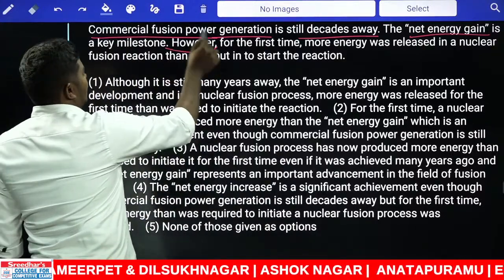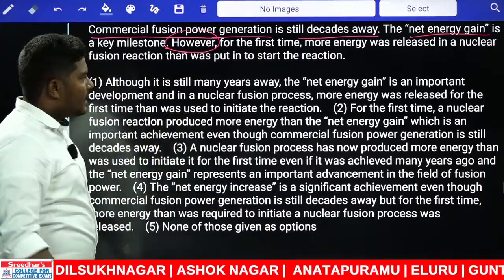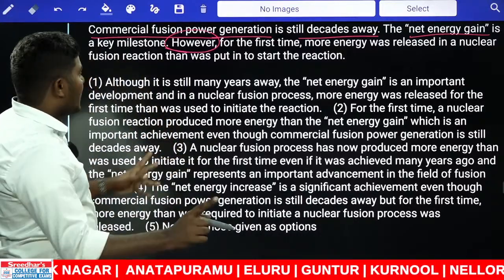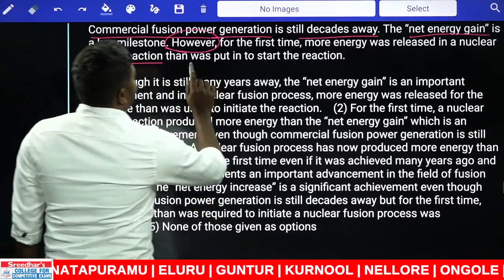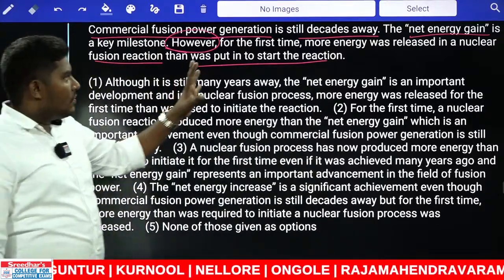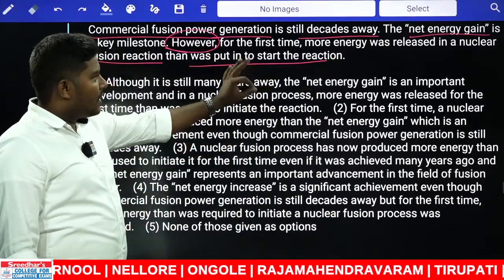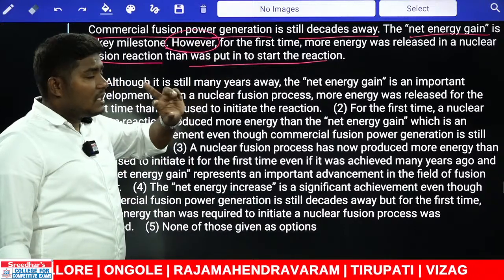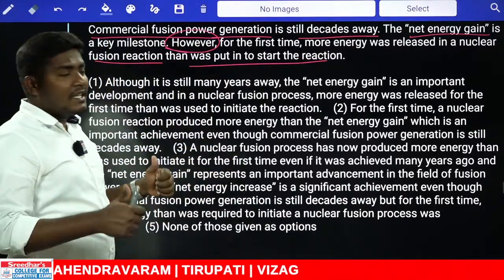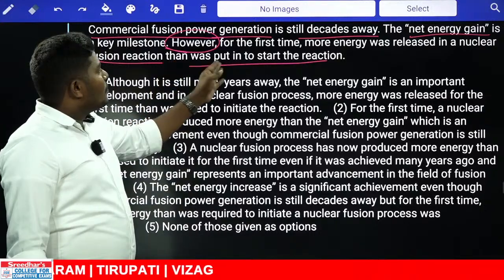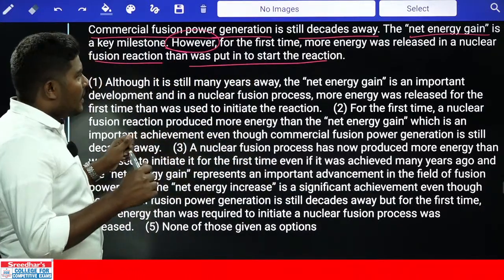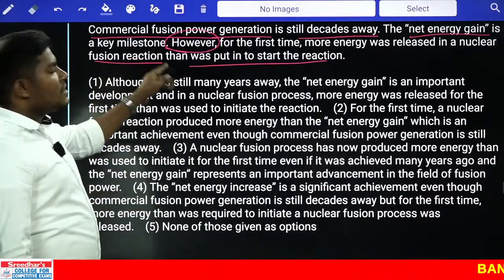However, there is an opposition contrast: for the first time, more energy was released in a nuclear fusion reaction than was put in to start the reaction. Fusion is an ignition. Instead of the reaction, the energy was more used for the fusion reaction only.